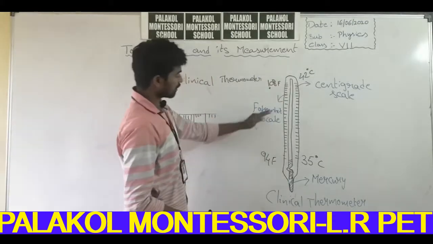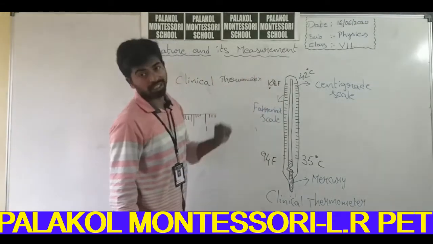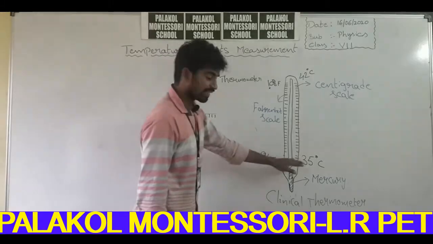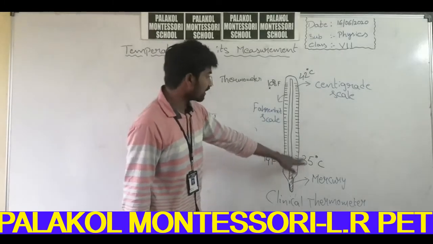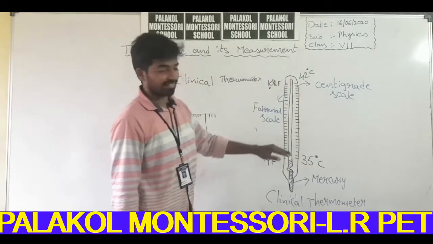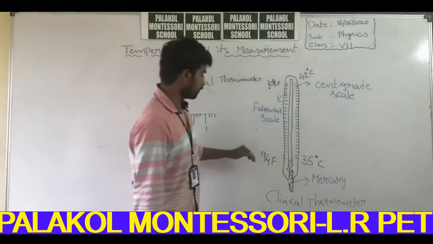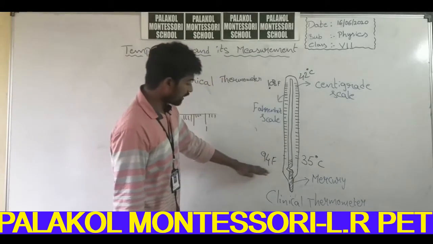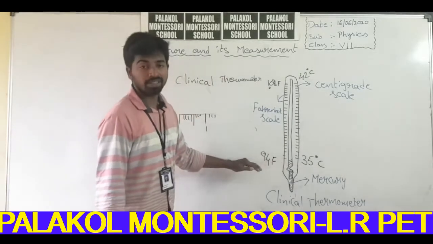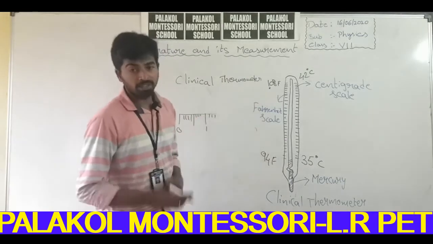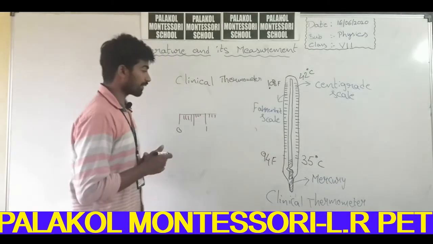The scale varies from 94 to 108, whereas the centigrade scale goes from 35 to 42 degrees centigrade.